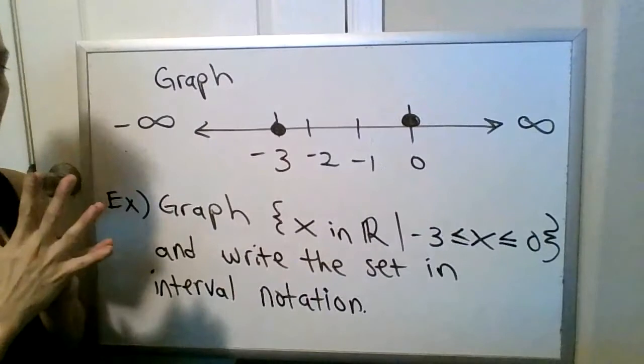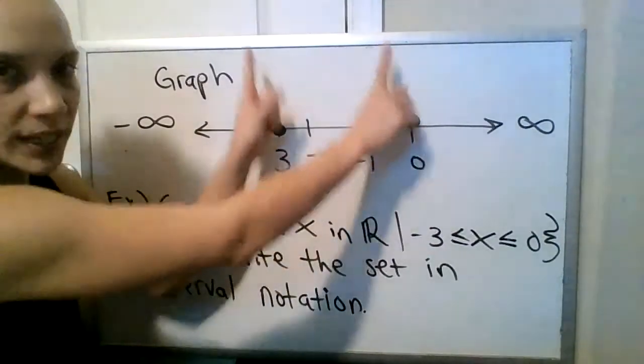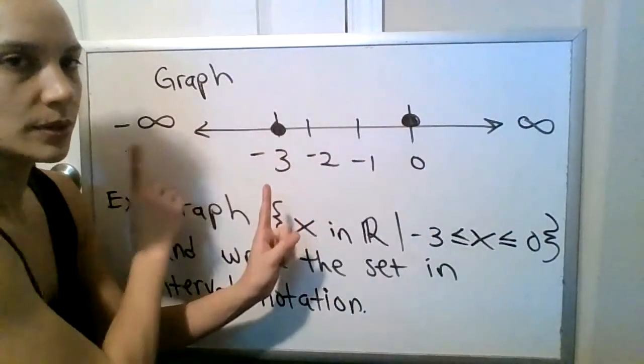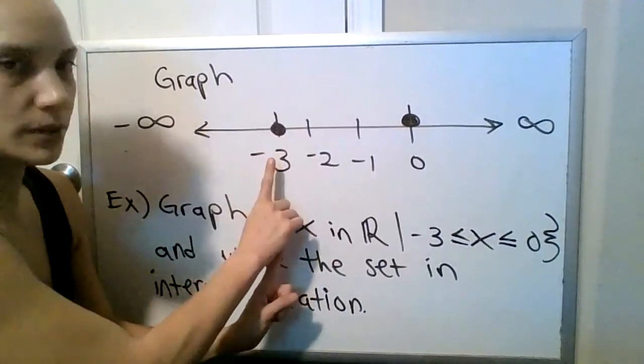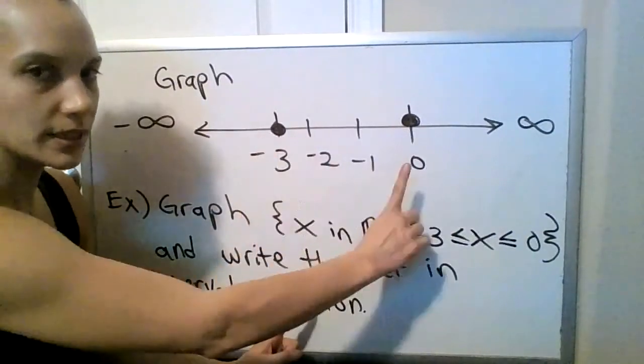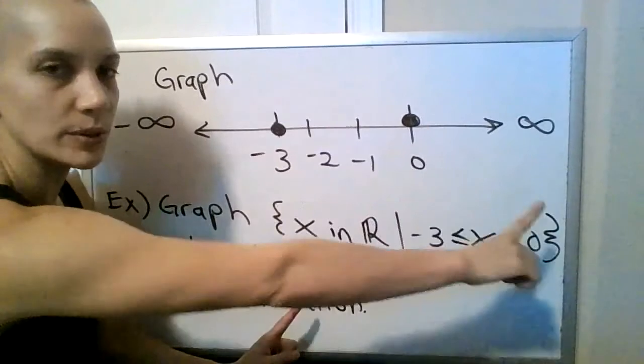So I'm going to write up the test intervals. Those values break up the number line into an interval from -infinity to -3, from -3 to 0, and from 0 to infinity.